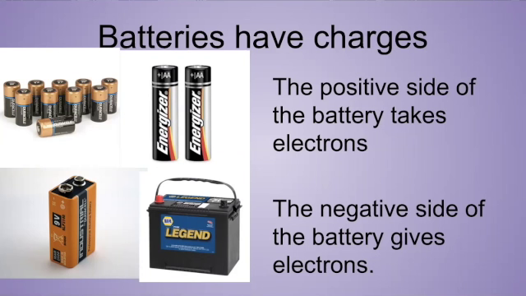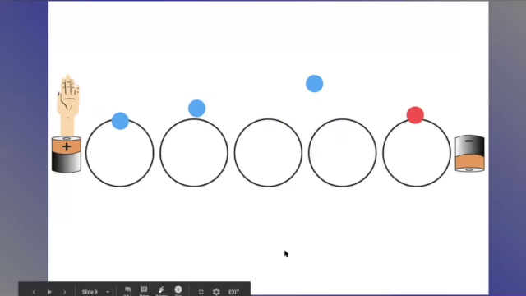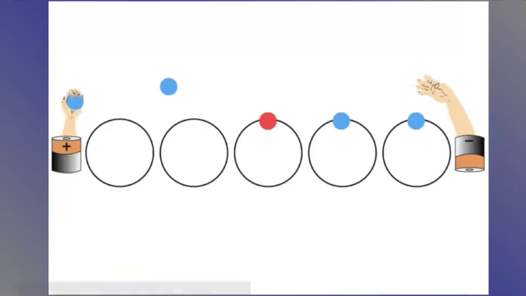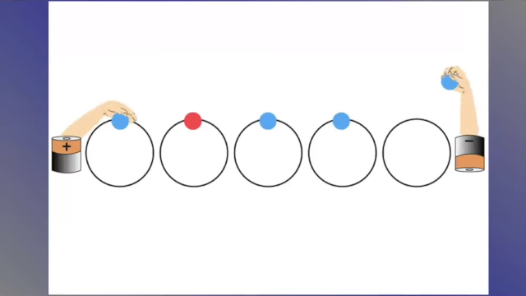Now, it's important that batteries have a positive and negative side because, as I said before, the positive side of the battery takes electrons and the negative side of the battery gives electrons. Let's look at what that might look like. So here I have a funny looking GIF of two hands giving and taking electrons.